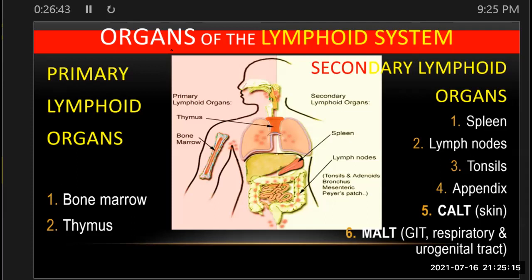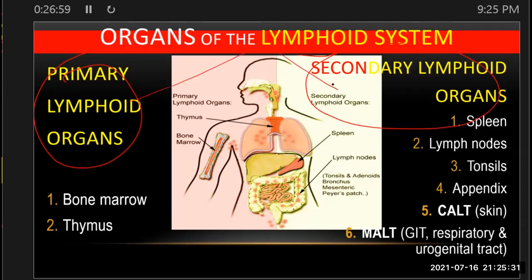In addition, primary lymphoid organs contain only T cells or B cells, while secondary lymphoid organs contain T cells and B cells respectively. Again, the primary and secondary lymphoid organs constitute the lymphoid system, or our immune system. You might also wonder, what do you mean by MALT?